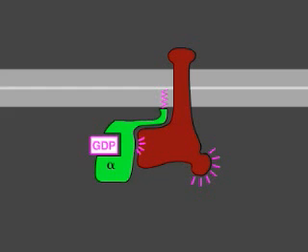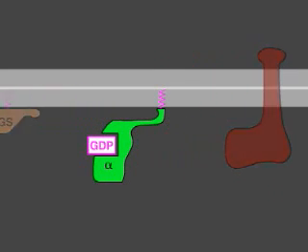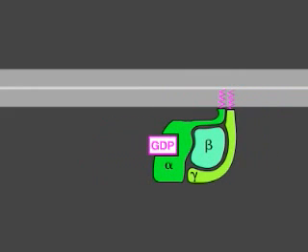This step is often accelerated by the binding of another protein, called a regulator of G-protein signaling, or RGS. The inactivated GDP-bound alpha subunit now reforms an inactive G-protein with a beta-gamma complex, turning off other downstream events.